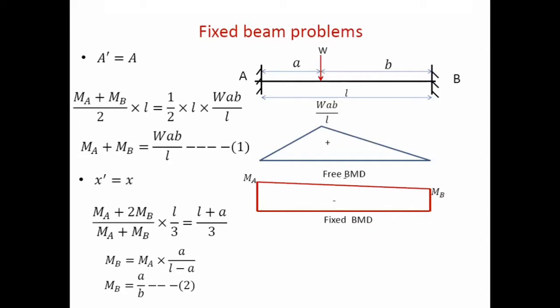First, what we have to do, we have to remove the fixity of the supports, and we have to make the given span as a simply supported beam. Okay, so we have made that simply supported beam, and for a simply supported beam subjected to eccentric point load, bending moment under the point load will be WAB by L. So this is W here, the external load, its distance from support A and its distance from support B, multiplication of these two distances divided by span of the beam.